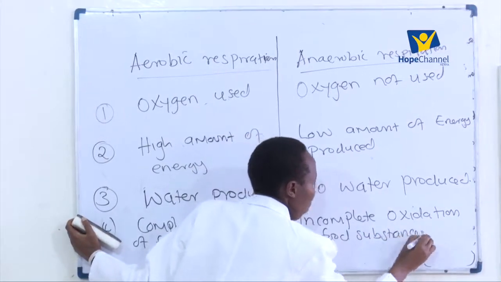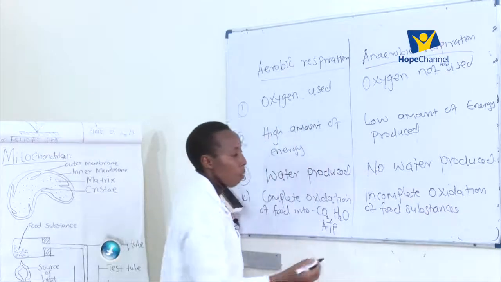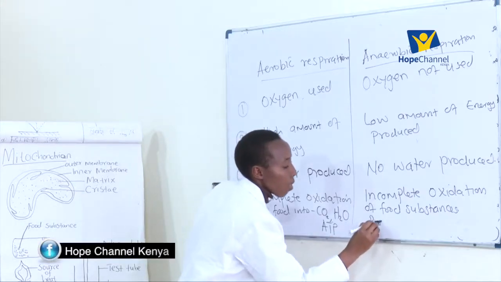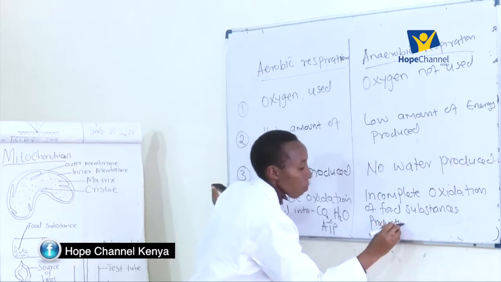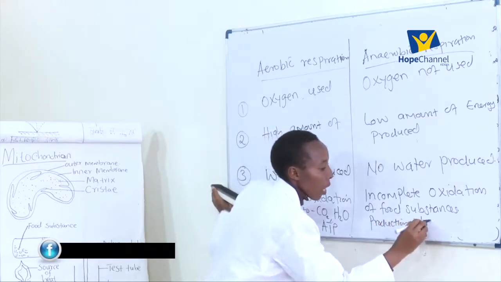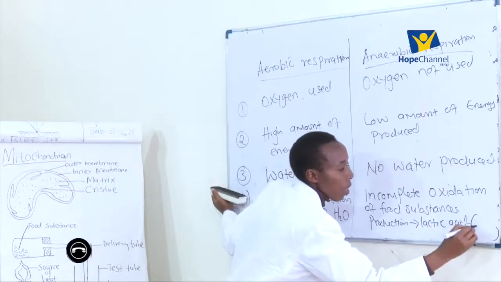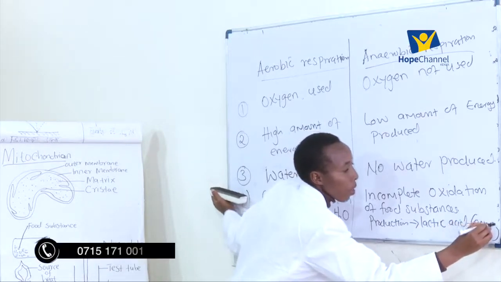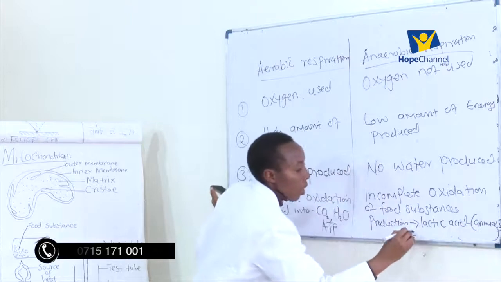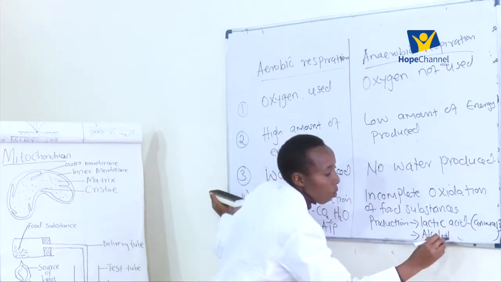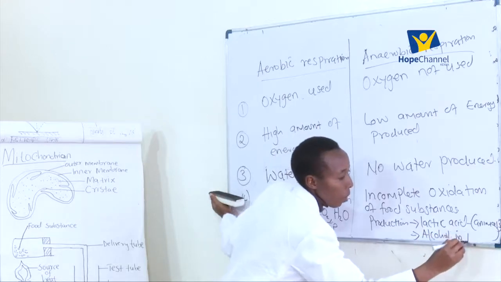And because of this, there is production of lactic acid, this is in animals. Then we also have production of alcohol in plants.